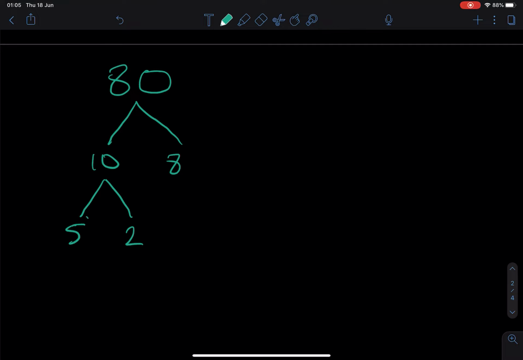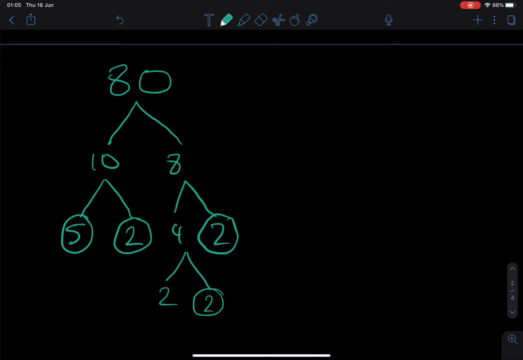Let's do this with one more example. If I know that 80 is 10 times 8, neither of these are primes, so let me break it down even further. 5 and 2 are primes, 8 is 4 and 2, 2 is a prime, and 4 is 2 and 2, both primes, so I've gone to that stage.